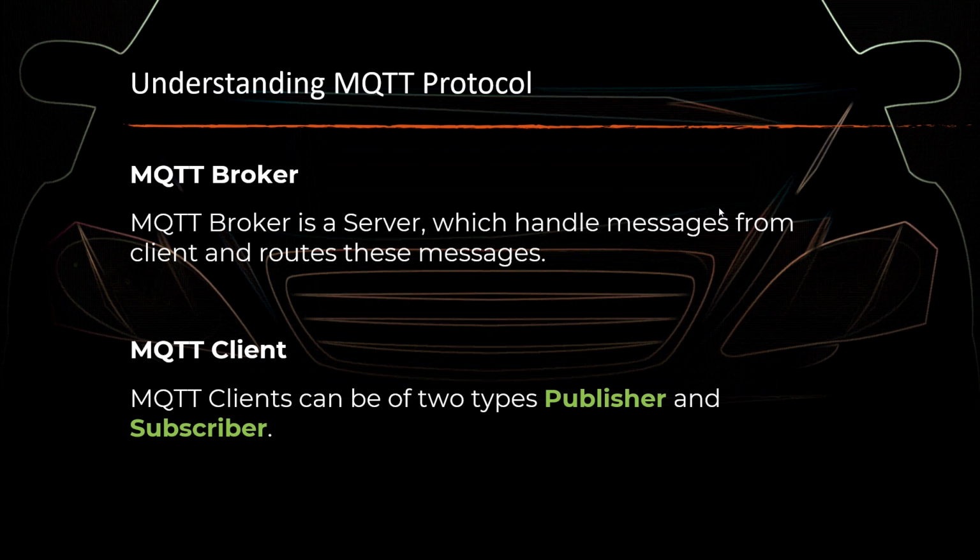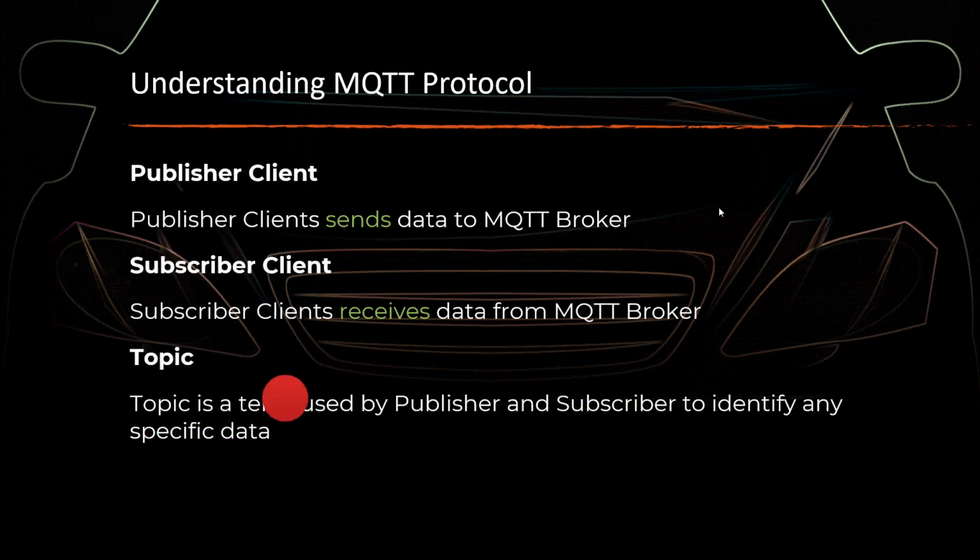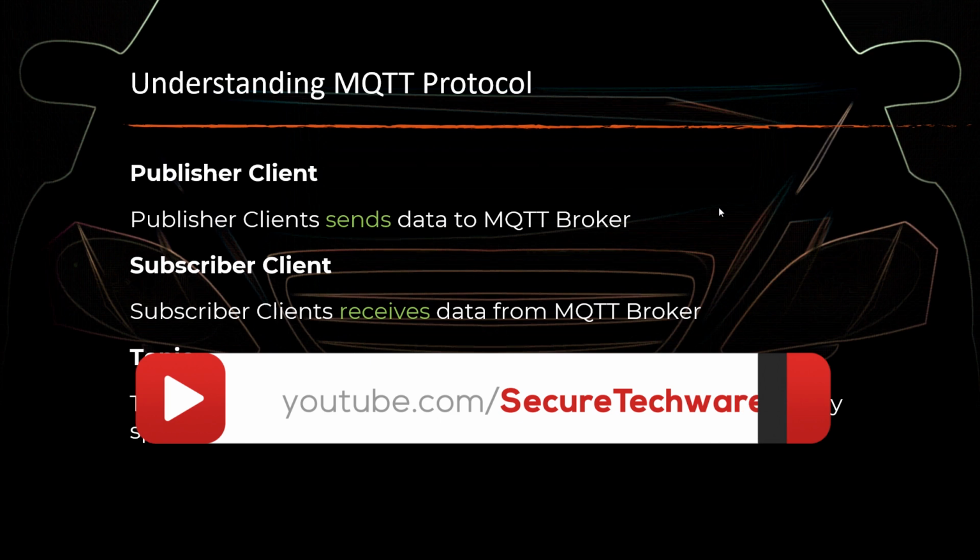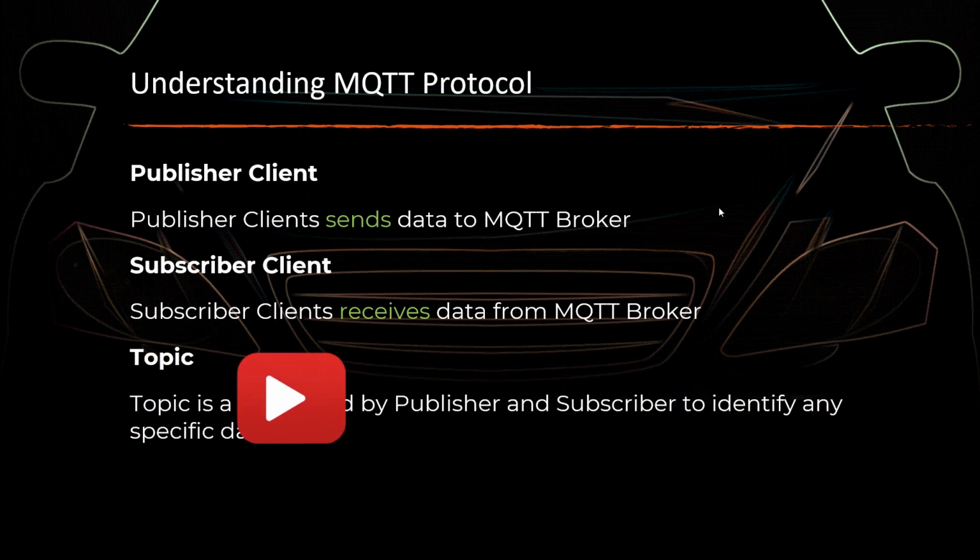An MQTT client can be of two types, publisher and subscriber. Let's see what publisher and subscriber mean. A publisher client sends data to the MQTT broker. The MQTT broker is a server, as I told you, and a subscriber client receives data from the MQTT broker.